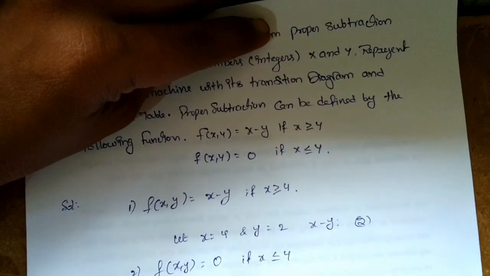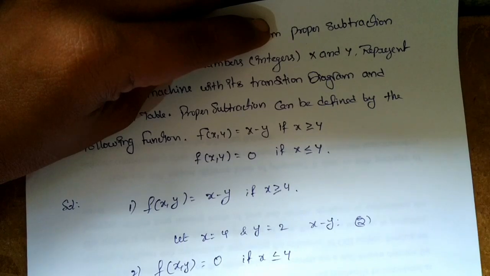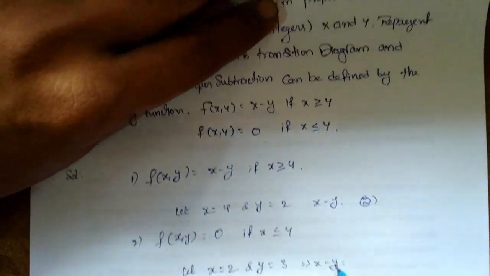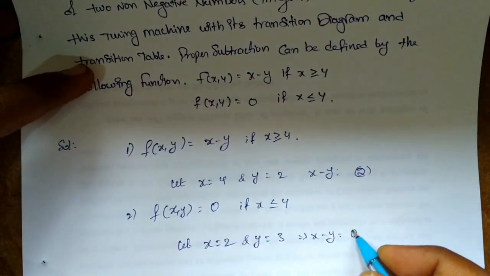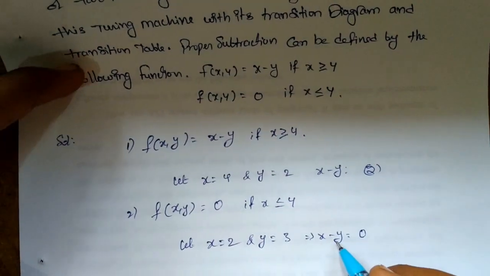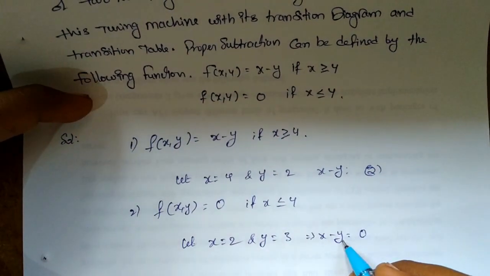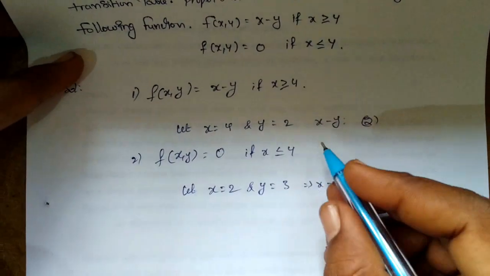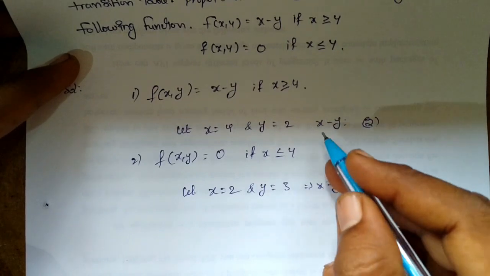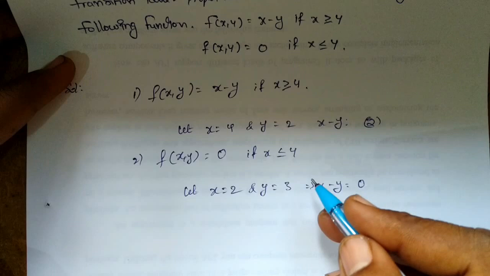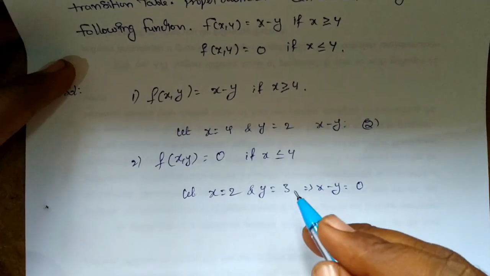So let x equal 2 and y equal 3, then the subtraction x minus y is equal to 0. Why? Because here the x value is smaller compared to the y value, so obviously the subtraction is 0. So these are the two functions to calculate the subtraction of two non-negative integers.